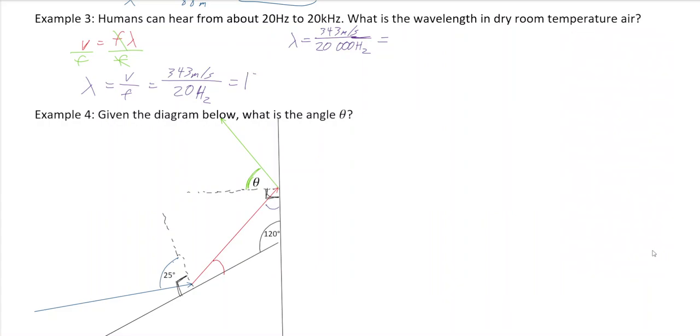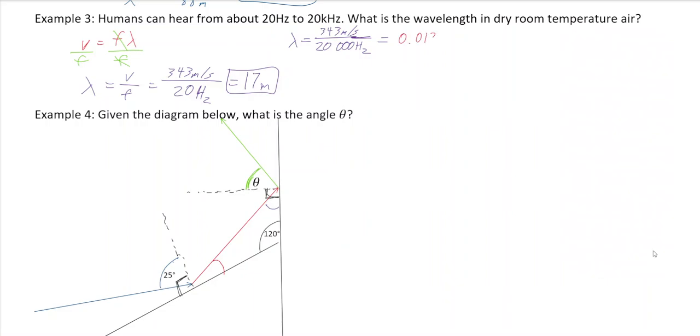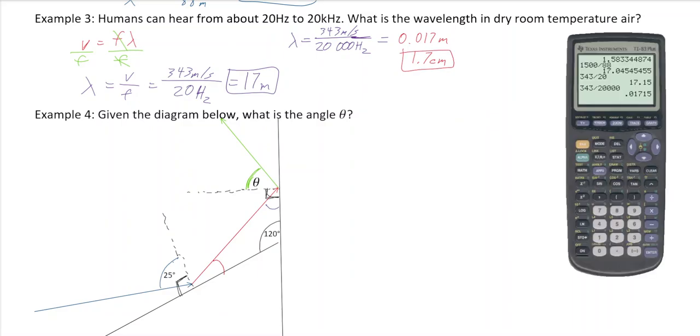So it's 17 meters on the one end, but on the other end it'll be divided by 20,000, 0.017 meters, which is really 1.7 centimeters. Yeah, that would be correct.